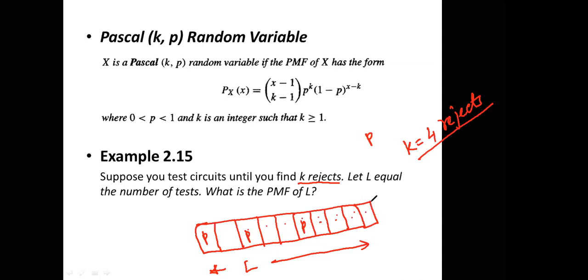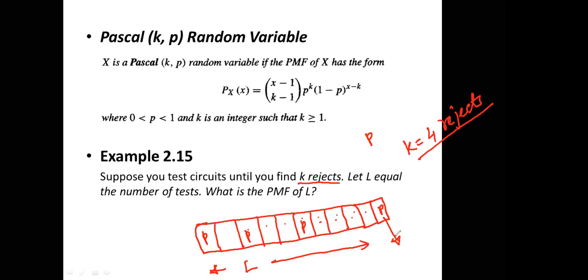So I have to test again and get the rejection. Now I am getting a reject. Now the 4 reject criteria is fulfilled. Now I can stop. So whenever you test, the last one must be a reject in this pattern, or I can say in this Pascal random variable. Do you agree?